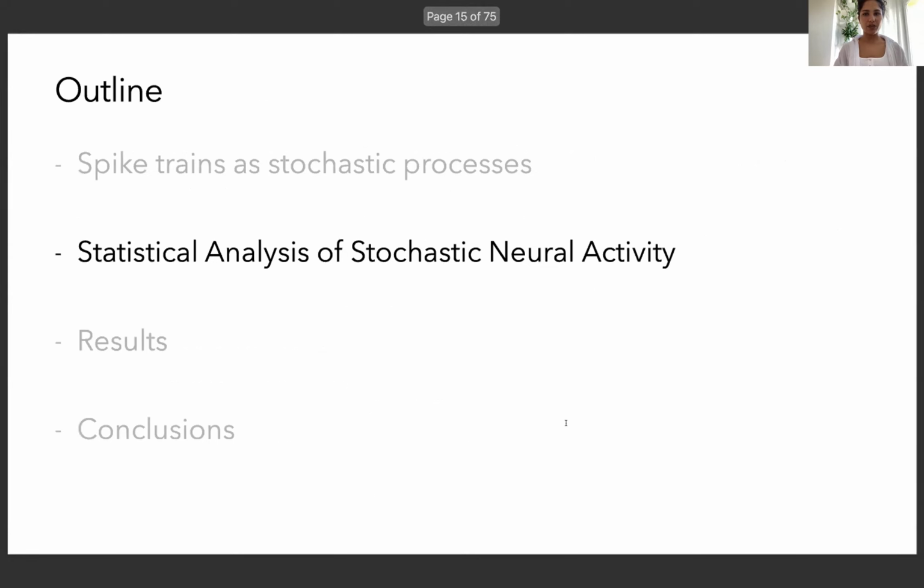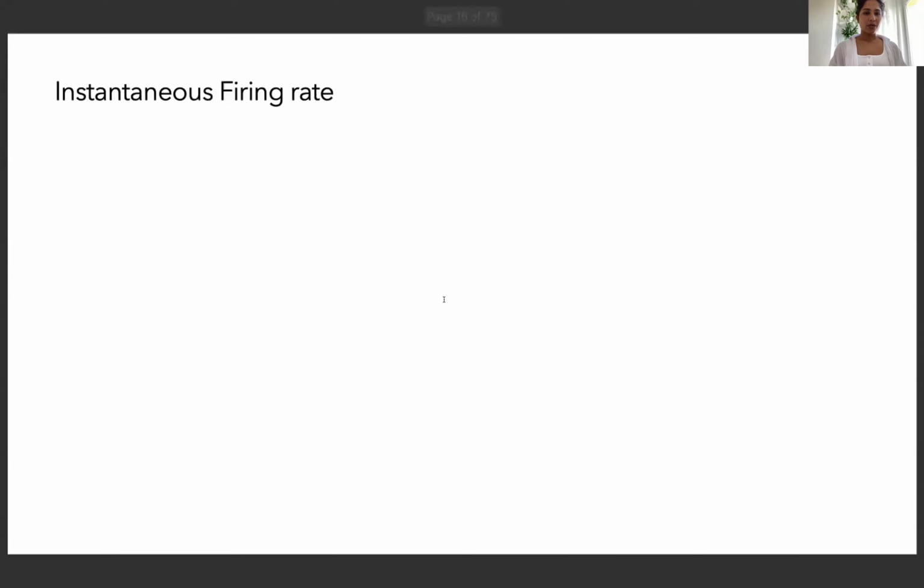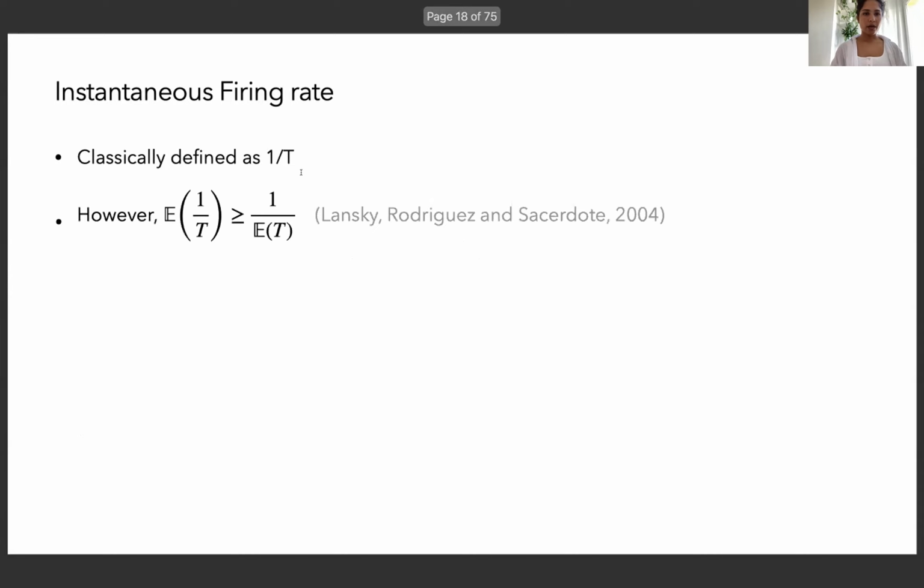But first, let me jump to the next section, which is the statistical analysis of the stochastic neural activity. Right, so let me introduce the concept of the instantaneous firing rate. It is typically defined as the inverse of the interspike interval t. However, as Lansky and colleagues showed in their 2004 paper, the mean of the instantaneous firing rate is higher than or equal to the mean firing rate, which is also equal to 1 over E of t.